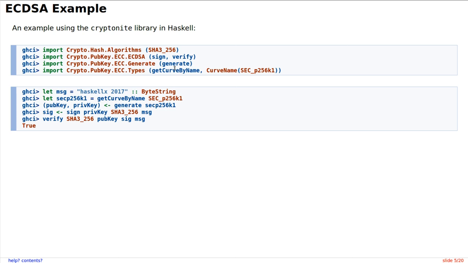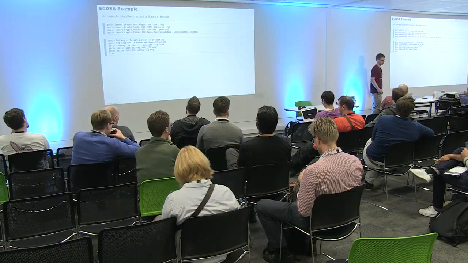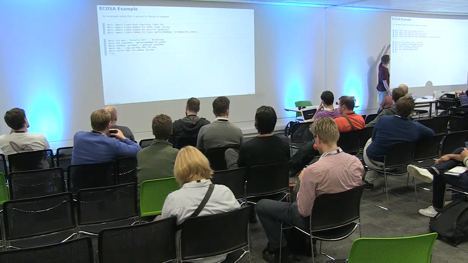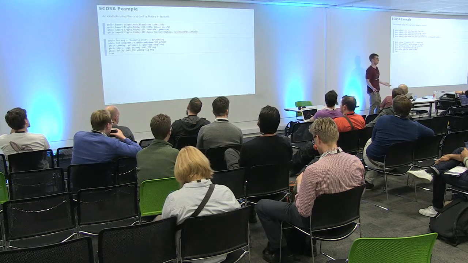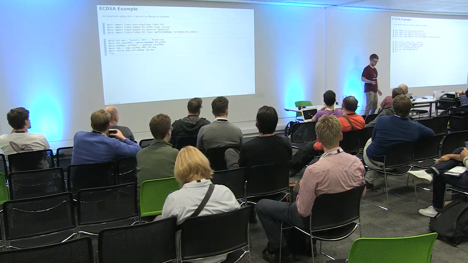So you can see we feed in the message and the hash algorithm, give it the private key, we sign this, and we get some signature. Later on we can call the verify function using the same hash algorithm and the public key along with the signature and the message, and it outputs true, meaning this piece of data was indeed signed by the private key related to the public key. And you can see in these imports that I'm using a library called Kryptonite. This is the de facto cryptography library in Haskell at the moment.